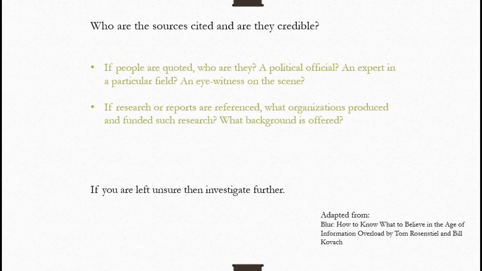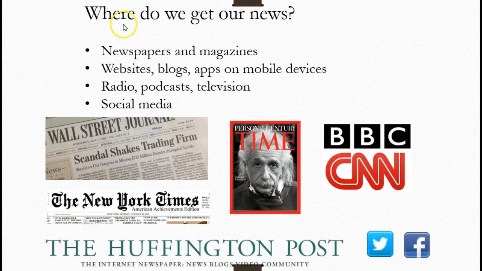Eyewitnesses, though, are limited to their own ability to observe information. If a researcher reports a reference, what organizations and what background information is offered? If you doubt what you are relying on, then continue to investigate.